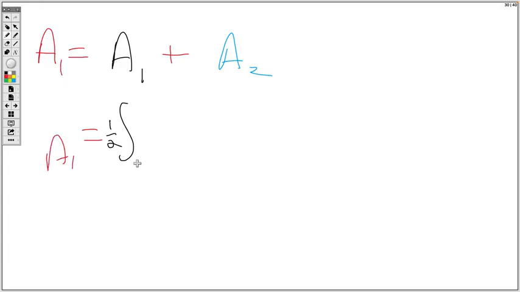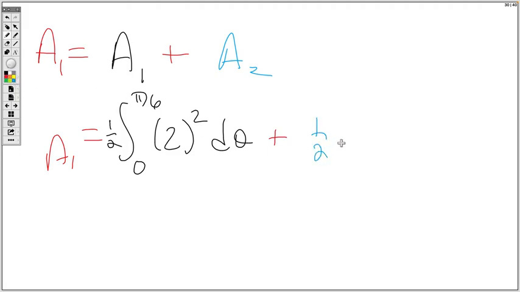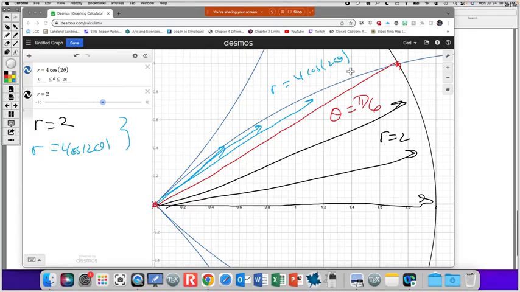It's going to be 1/2 the integral from theta equals 0 to theta equals pi over 6 of r squared d theta, plus 1/2 integral, and now we're going from pi over 6 to where it crosses through the pole.